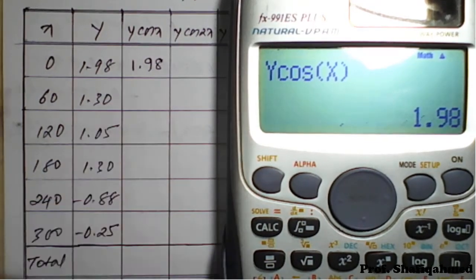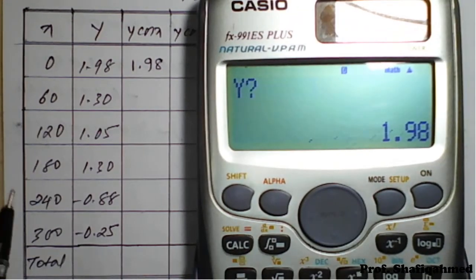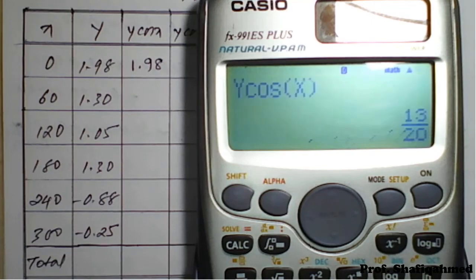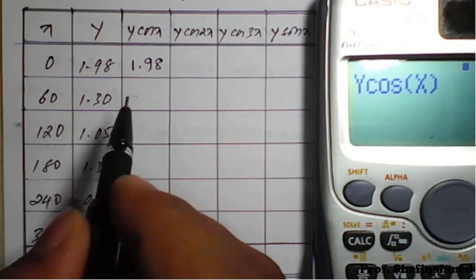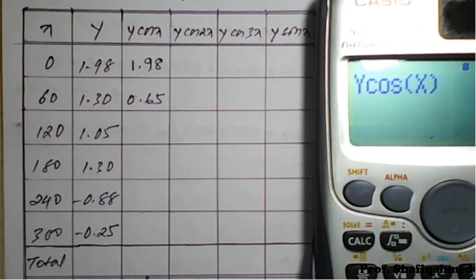Next, again calc option, similarly when y is 1.30 and x is 60, it will be 13 upon 20, which is 0.65. So 0.65. Similarly we have to enter this column.